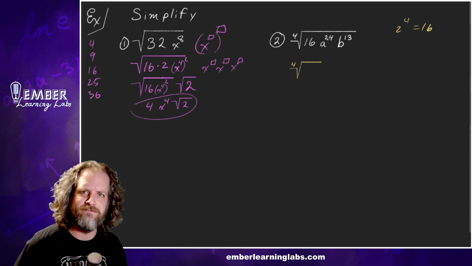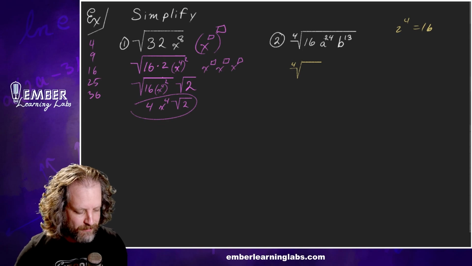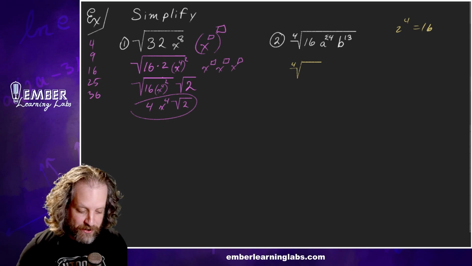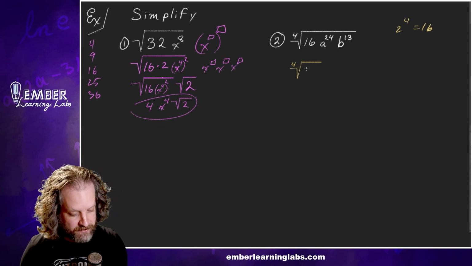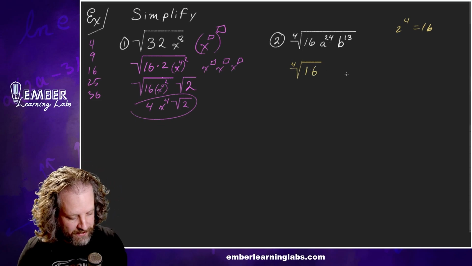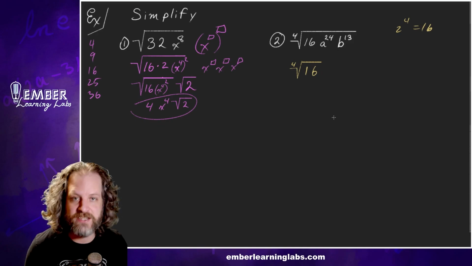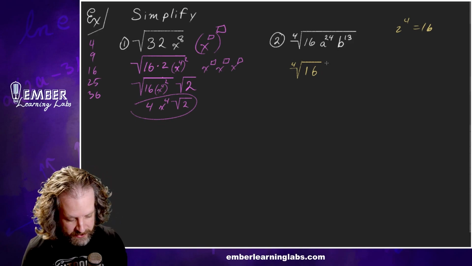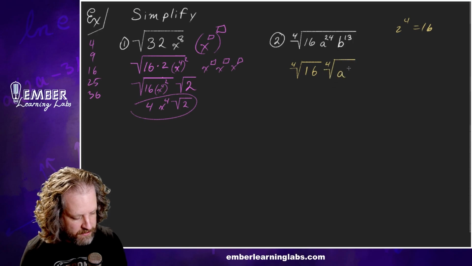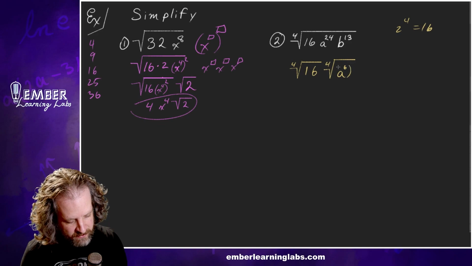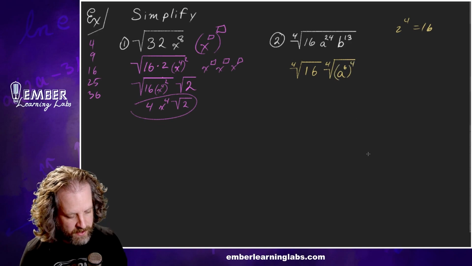Can we do 4 times something to get 24? That's what I'm trying to say. Yes, we can, because 6 times 4 is 24. So we can get that one as the fourth root of a to the 6th to the 4th, right?